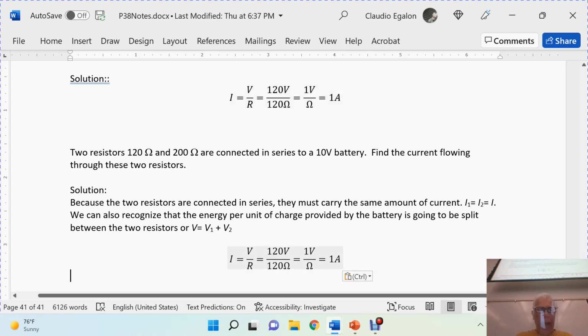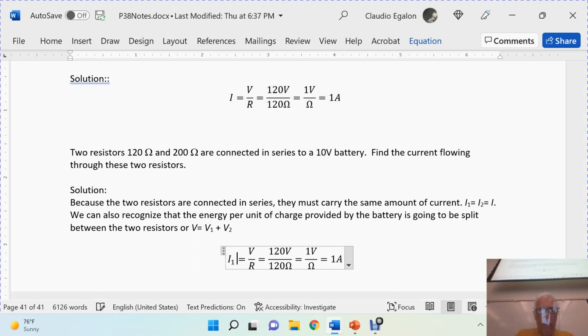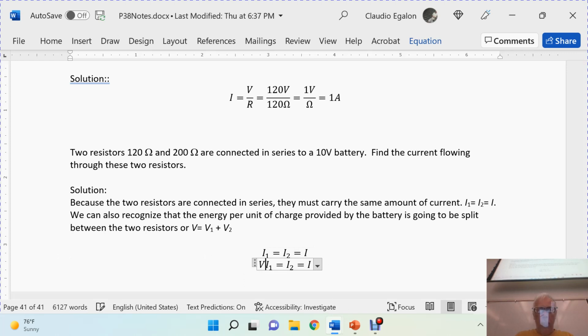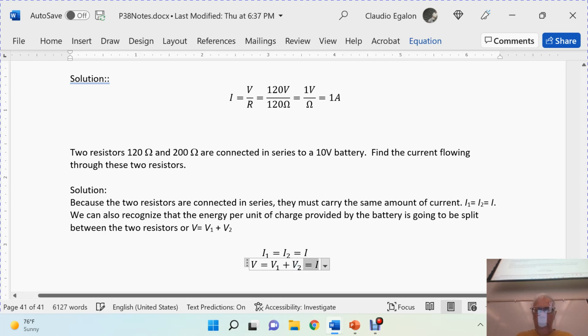We have I1 equal to I2, and I'm going to simplify the notation and call both of them I. We have V equal to V1 plus V2, and then we have one more equation that we can use, Ohm's law.